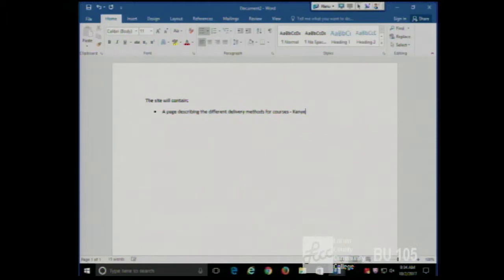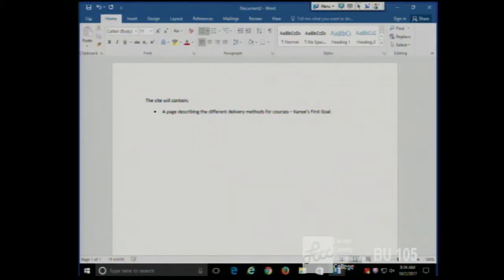All right? I would suggest even doing that, actually typing next to the requirement what goal it addresses. Because a couple of things. When you are done, you better have addressed one way or another all the goals that you've defined. Right? If you've defined all the things that are going to be on your site and you've not addressed one of the goals, then you missed something.